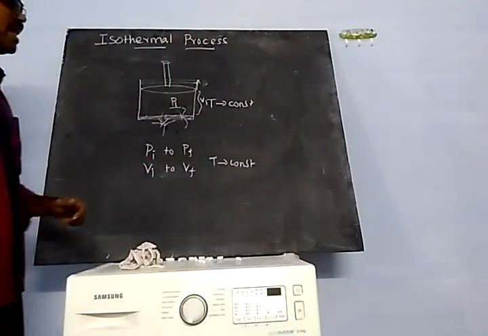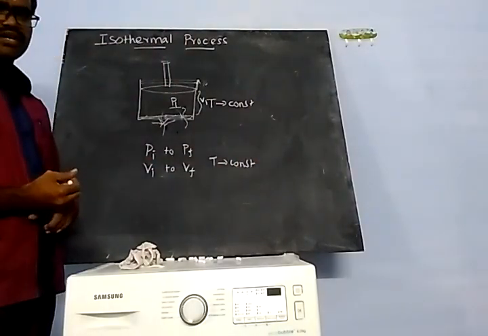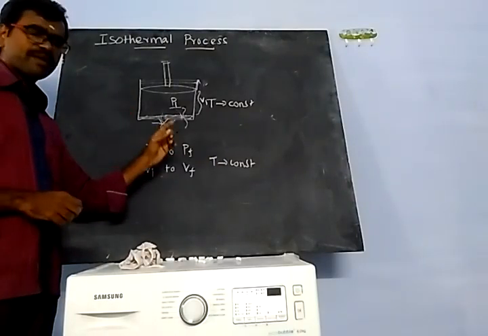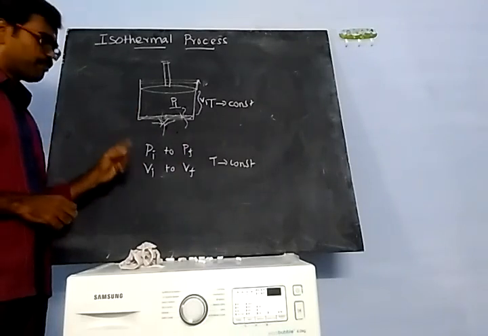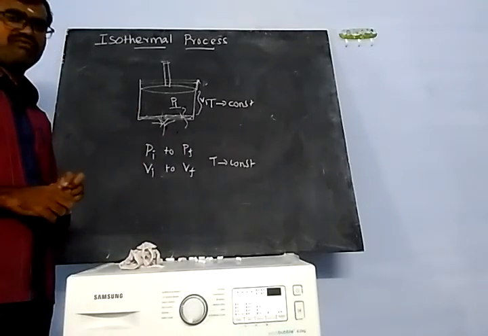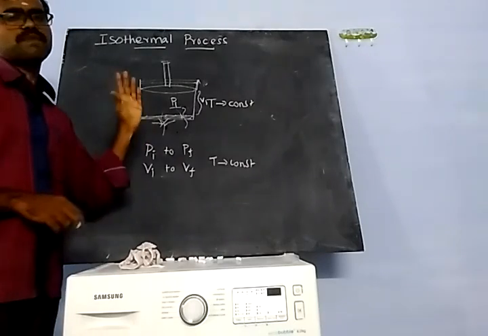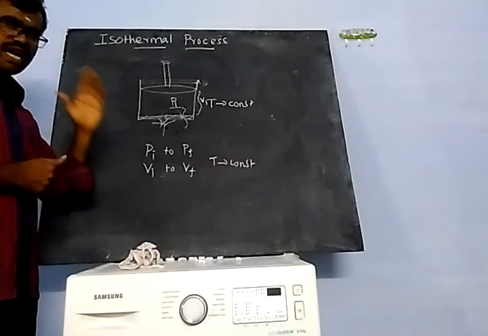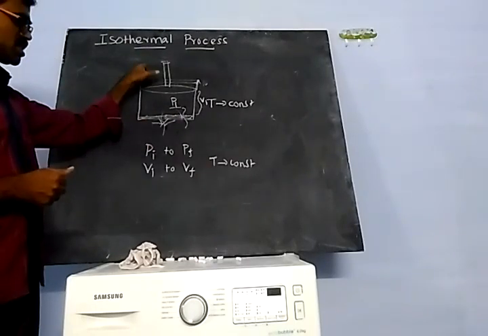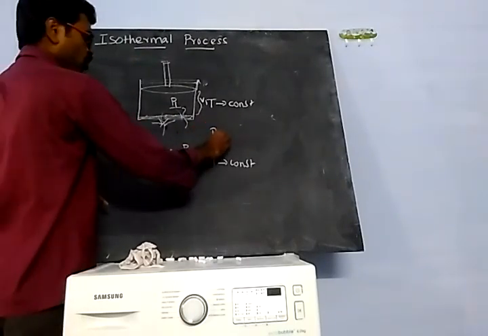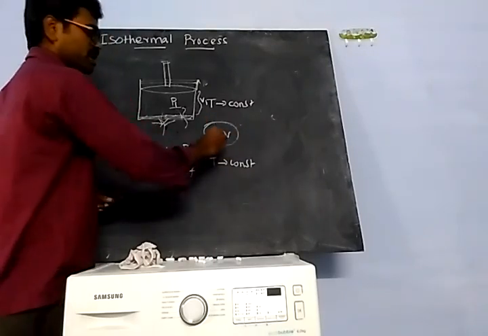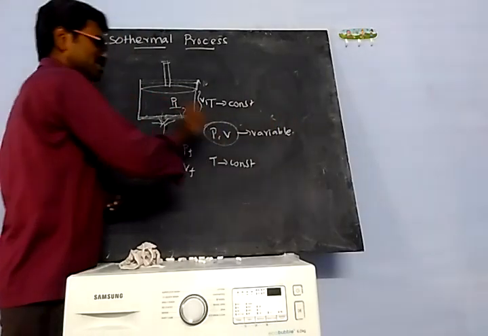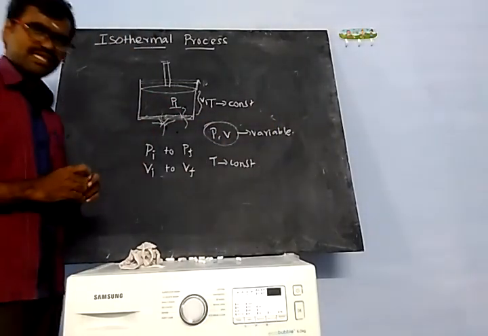This is called an isothermal process. In an isothermal process the temperature is constant, and only pressure and volume are variable. Do you understand? I repeat, isothermal process means pressure and volume are both variable and only the temperature is constant.